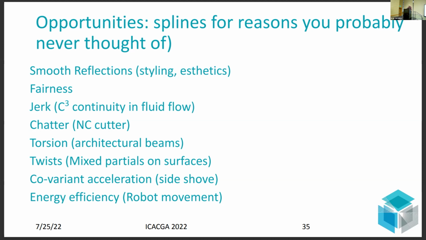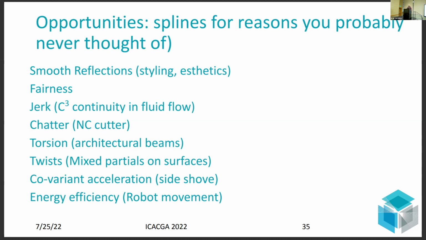Fairness is a concept which is ill-defined, but everybody in the auto industry knows what it looks like. I'm talking about how do I join, see, a Bezier patch is C infinity in the interior. So how do I join them so I get these qualities in my car? Jerk, I don't know if that's an industry name or more broadly, it's the third derivative.